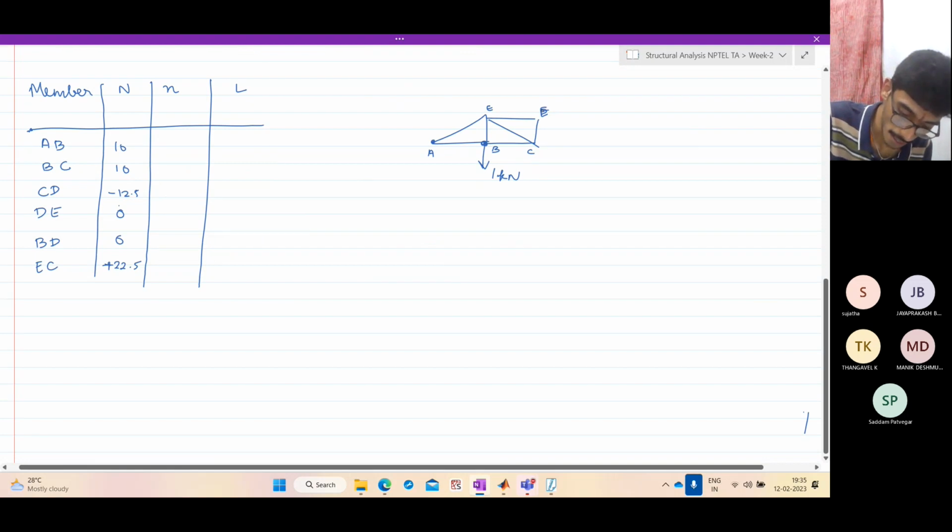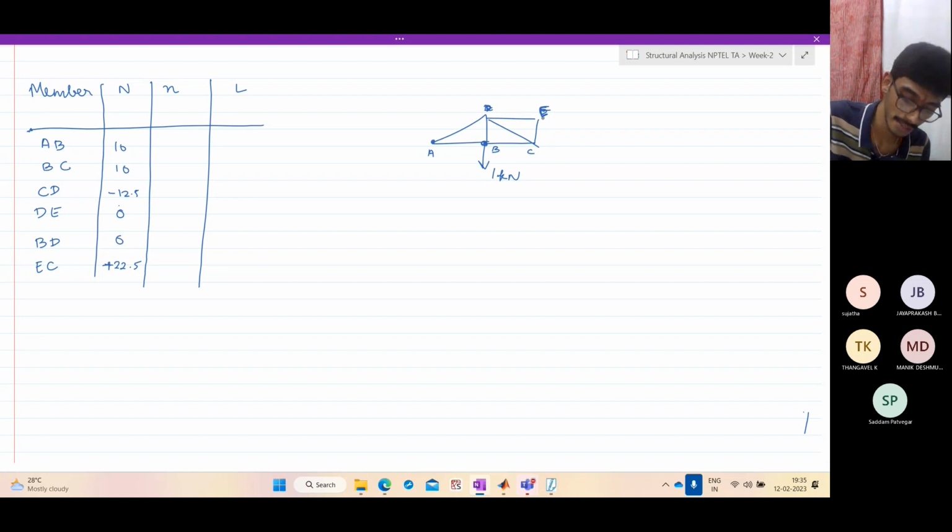This is E, this is D. So I'm applying 1 here. There is a support here, support here. As usual, Ex equal to 0.